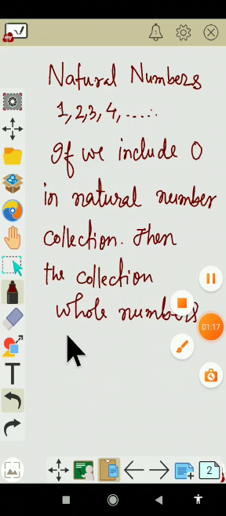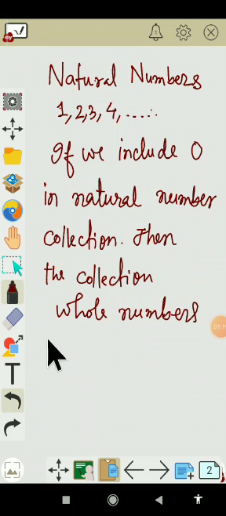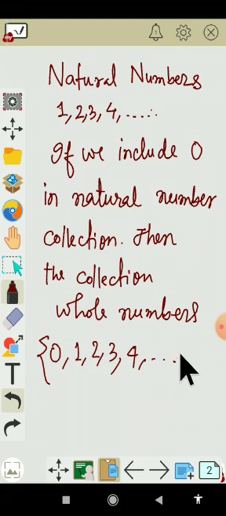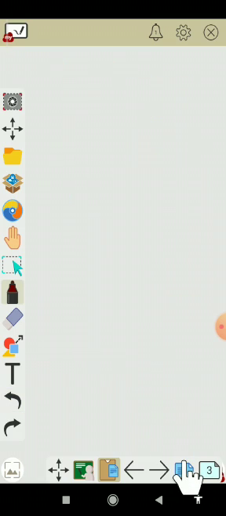So what numbers will be there? The numbers will be 0, 1, 2, 3, 4, dot dot, up to infinity. All these numbers collected together are called whole numbers.